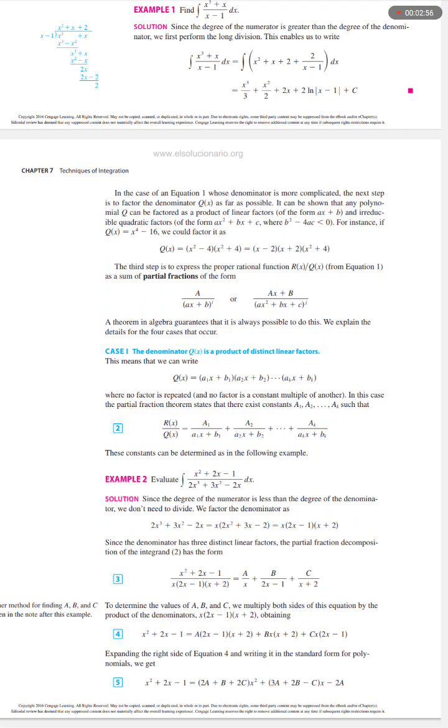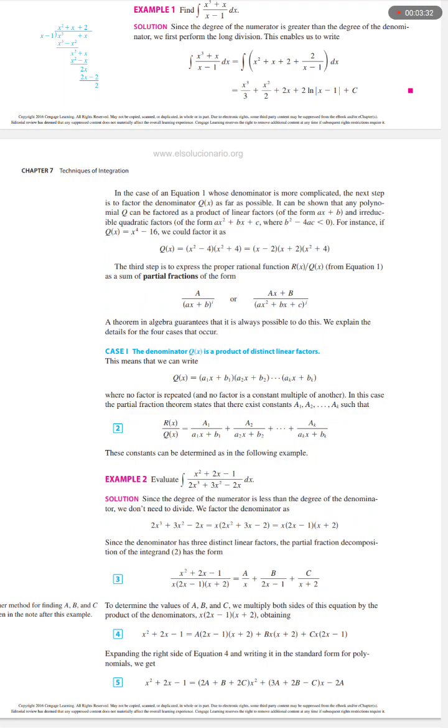The third step is to express the proper rational function R of x over Q of x from equation 1 as a sum of partial fractions of the form A over (ax plus b) to the power i, or (Ax plus B) over (ax squared plus bx plus c) to the power j.